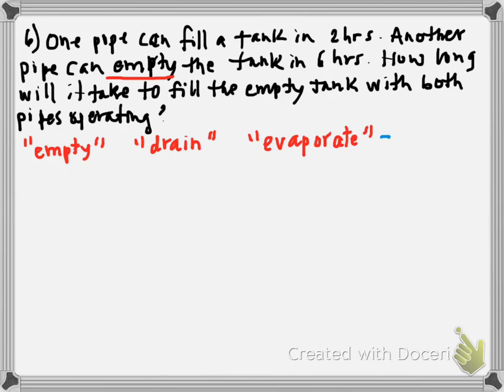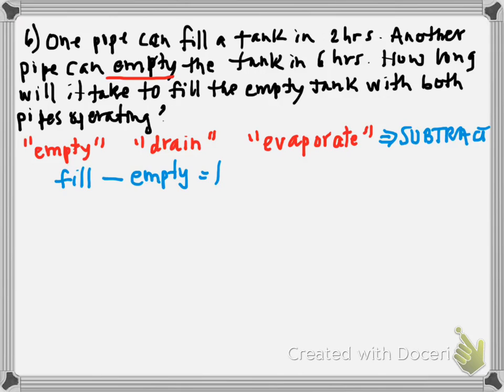So instead of adding the two equations, you are going to subtract the two equations. Now, the way that we write this out is that we have the fill fraction, take away the empty, drain, evaporate fraction in order to get one job. So it's going to take longer than the normal filled time because you are constantly taking water away, okay?